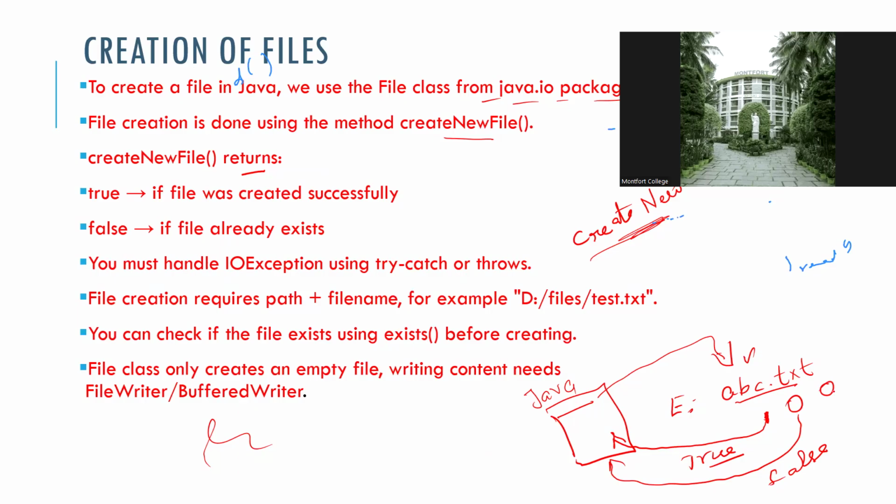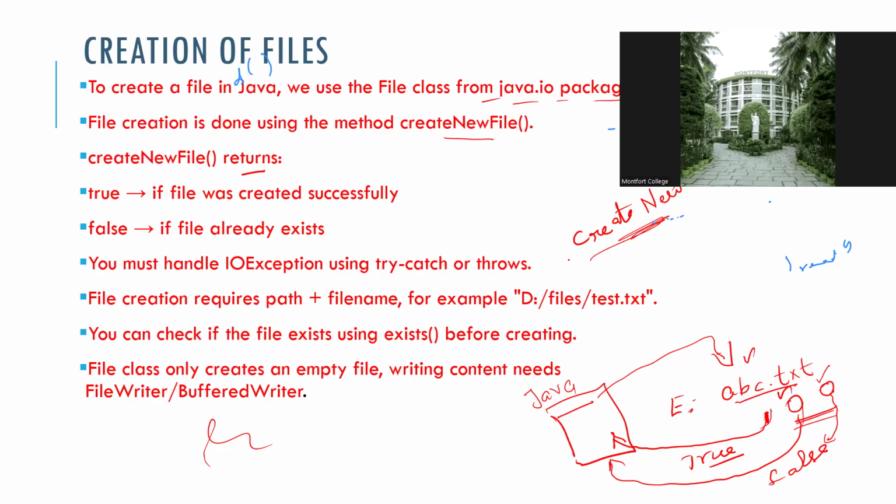If the file already exists, then it will also return false, which means if I already have abc and I create one more text file with the same name, it is going to return false only. False will be returned in two cases: if the file is unable to be created, or if the file already exists. True will be returned once the file is created.